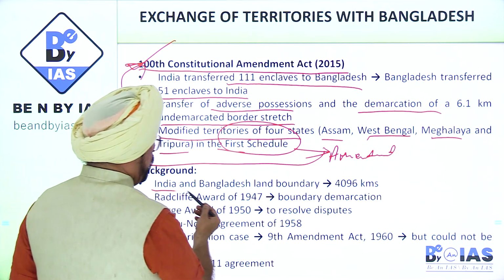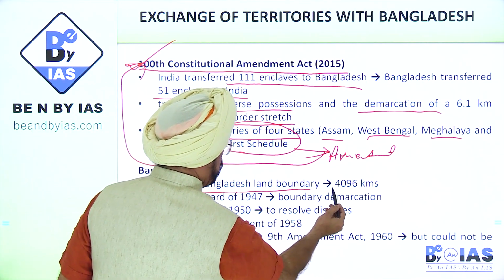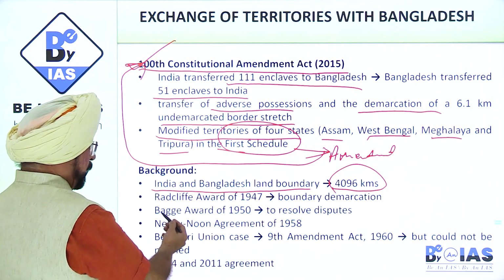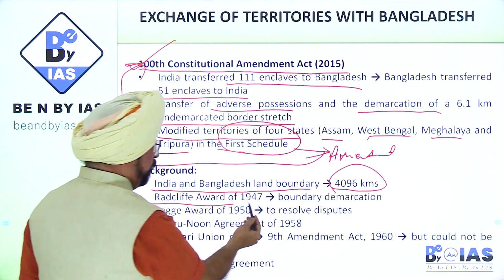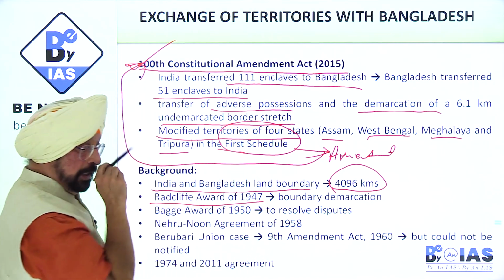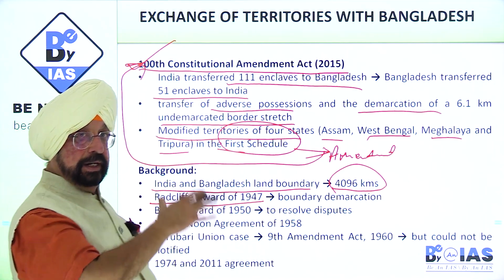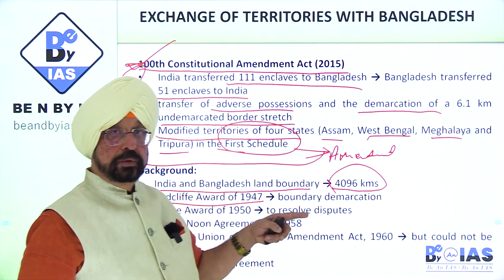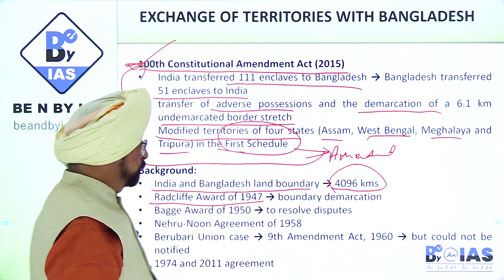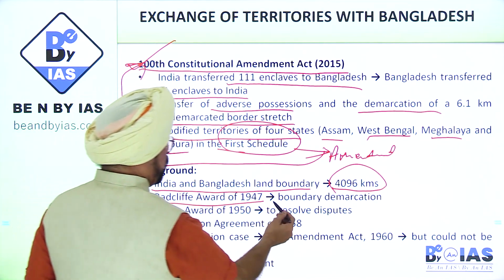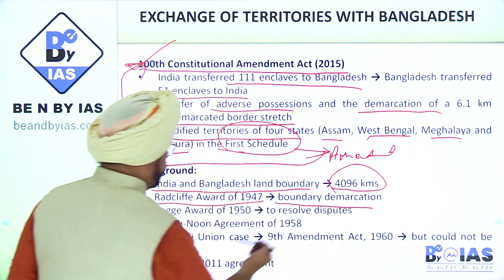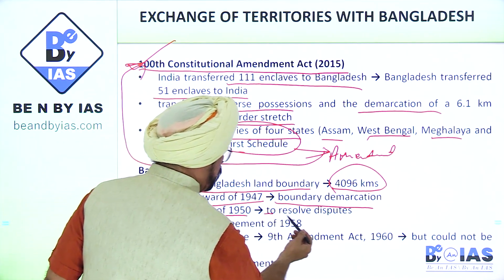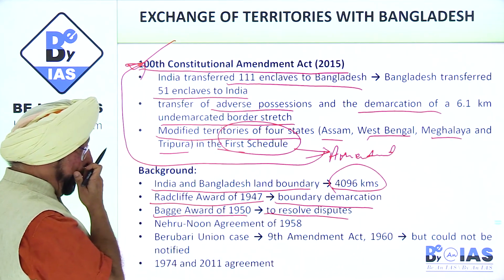India and Bangladesh land boundary is about 4,096 kilometers. So, Radcliffe Award of 1947, which demarcated the boundaries between India and Pakistan, because at that time, Bangladesh was known as East Pakistan. So, it related to boundary demarcation. Bagge Award of 1950 to resolve the disputes, but not resolved.